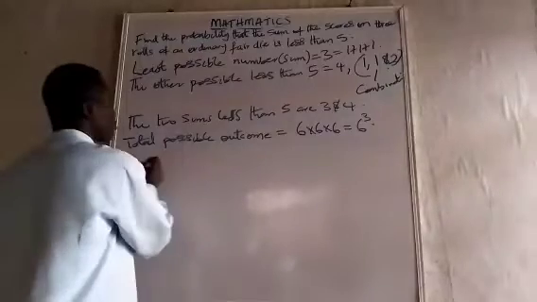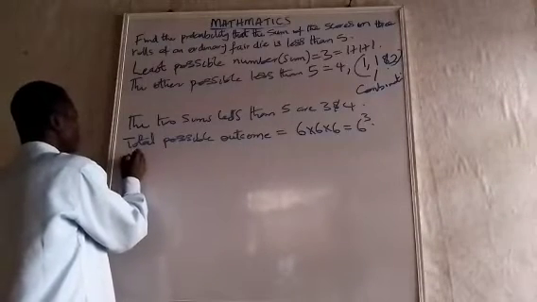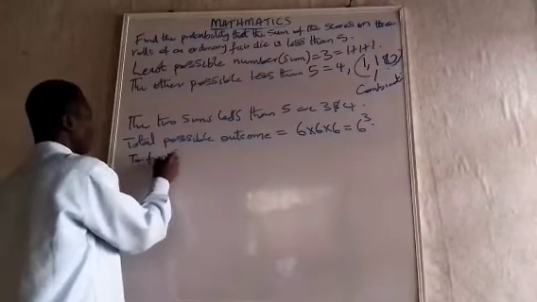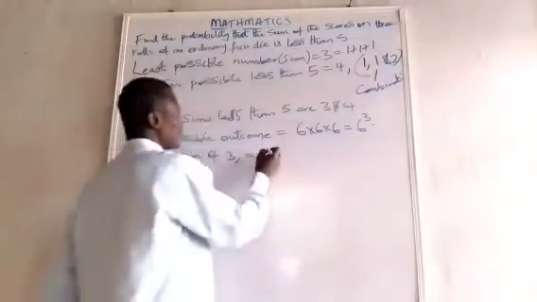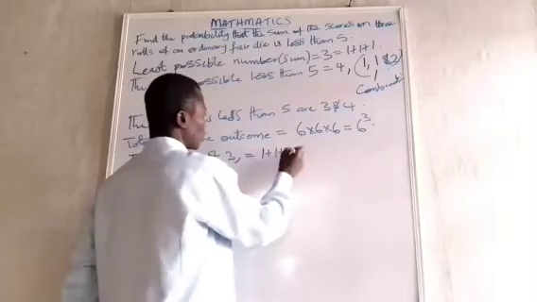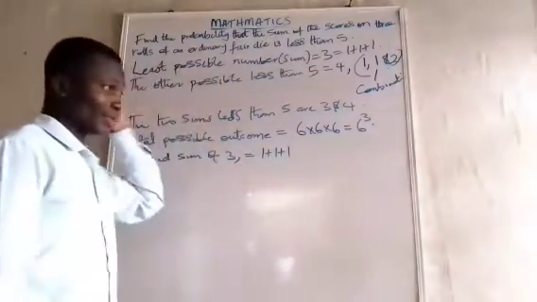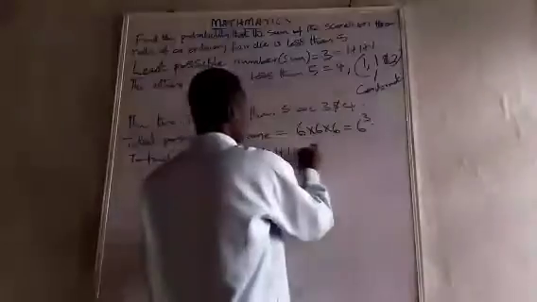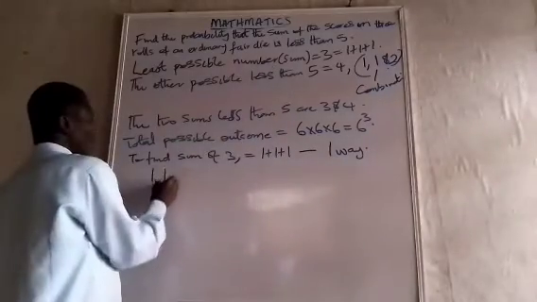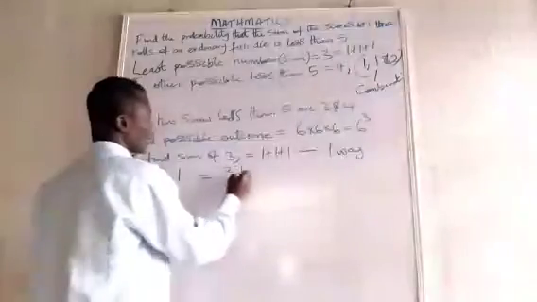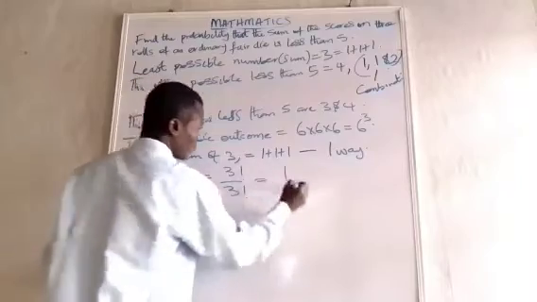Now, to find the sum of 3, we have 1 plus 1 plus 1, and the number of ways of getting it is 1 way, because 1, 1, 1 gives 3 factorial over 3 factorial.